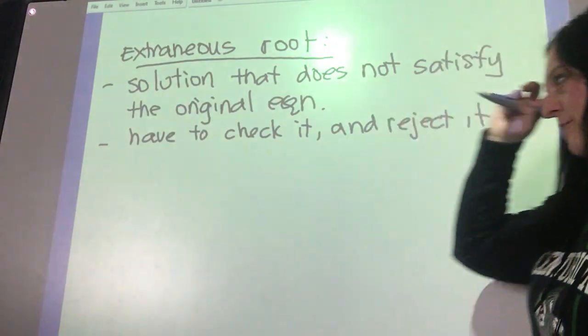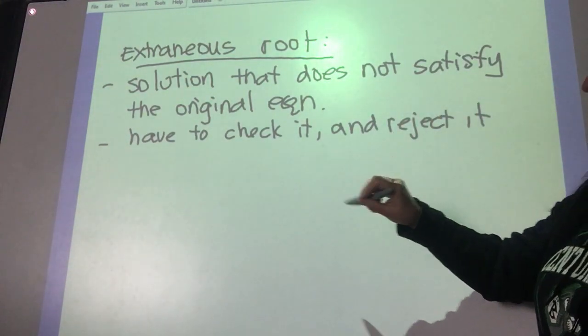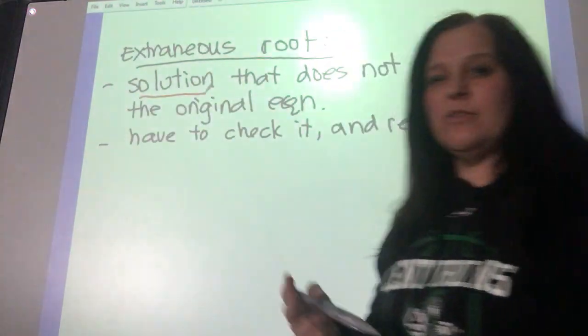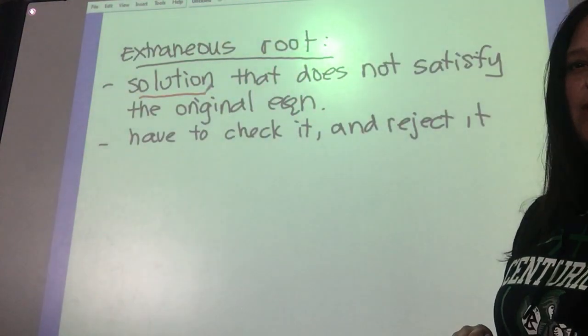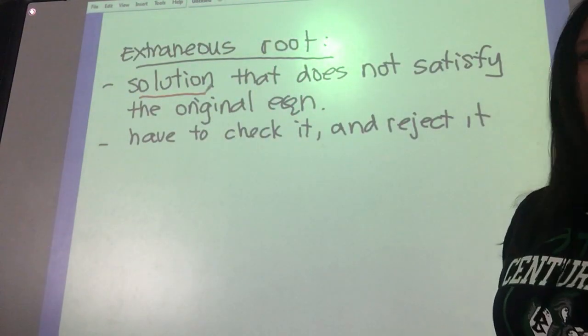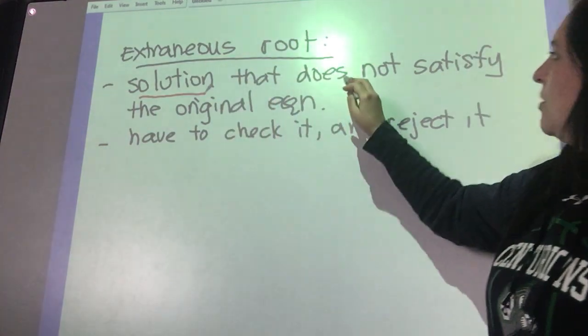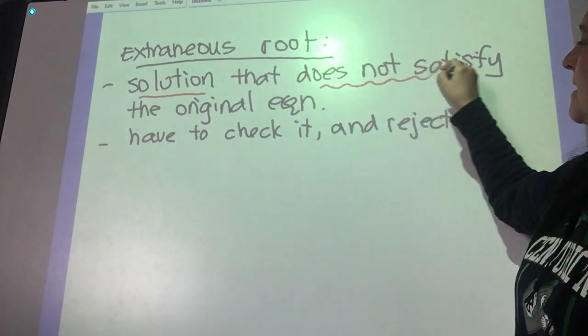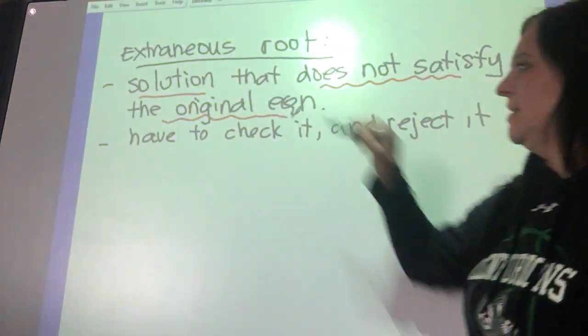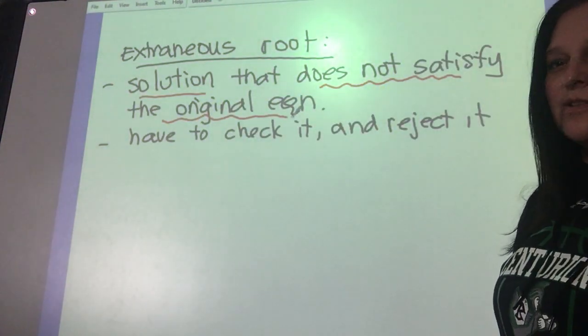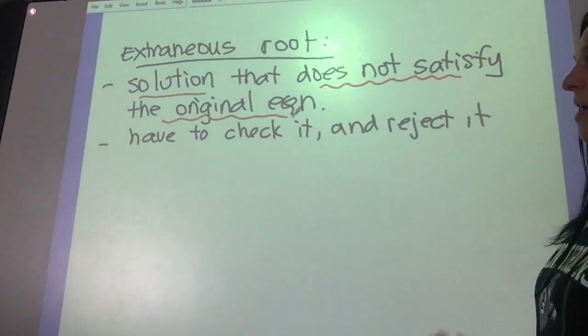What is an extraneous root? An extraneous root is a solution we get. We had two solutions, x equals 7 and -1, but when we check them out, not both of them worked. The one that doesn't work is extraneous. It does not satisfy the original equation. So just because we had two solutions when we solved, not both of them worked.